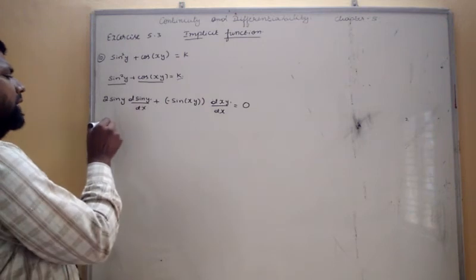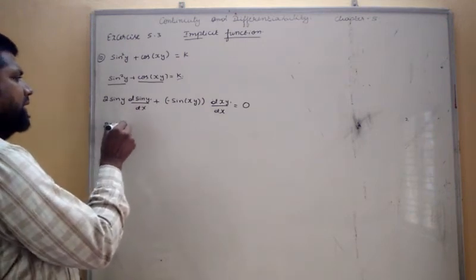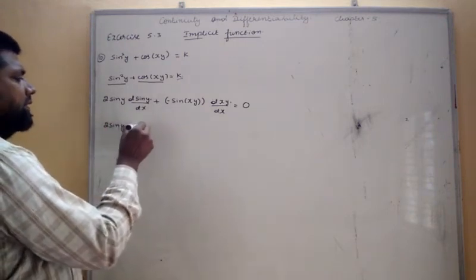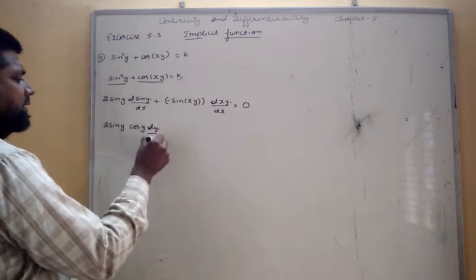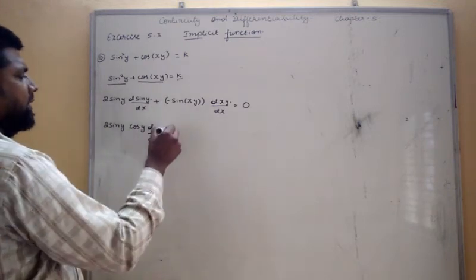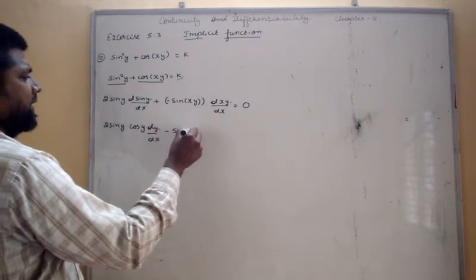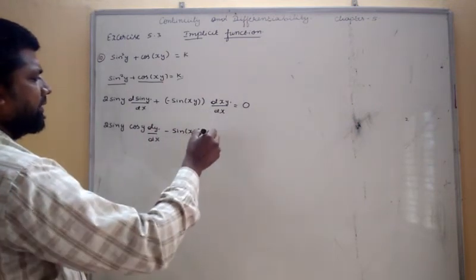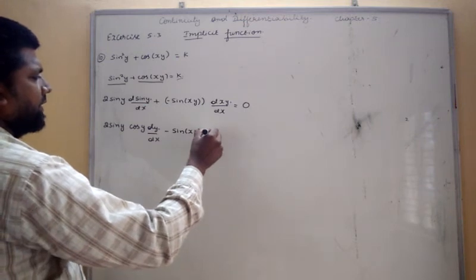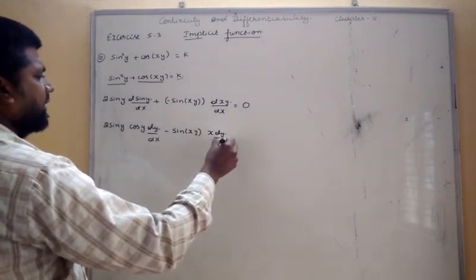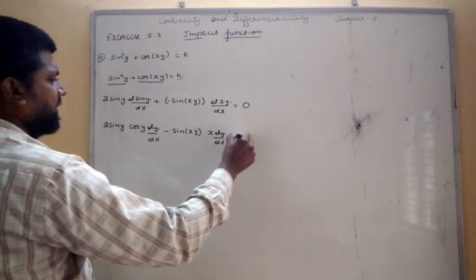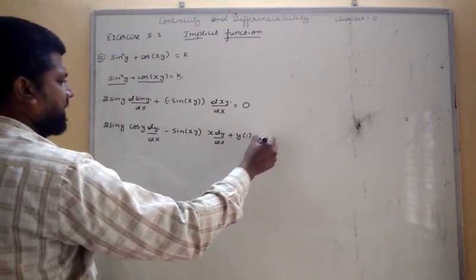So 2 sin y, sin y differentiation is cos y, times dy by dx, plus into minus minus sin of xy. Again apply the product rule in this: first function times differentiation of second function plus second function times differentiation of first function, that is equal to 0.